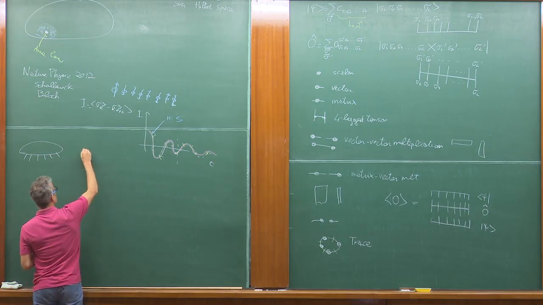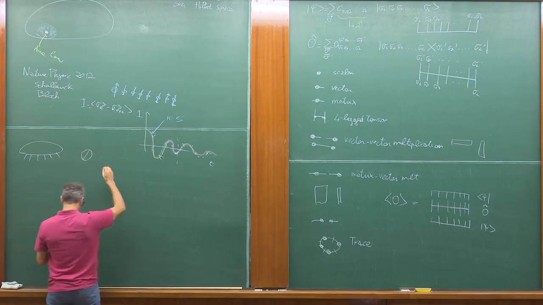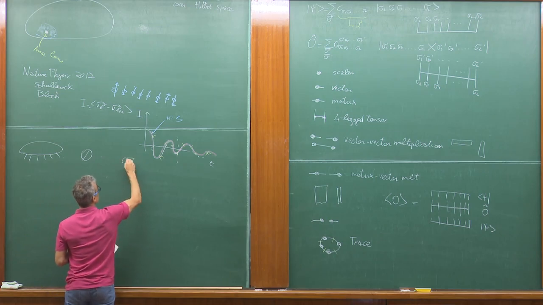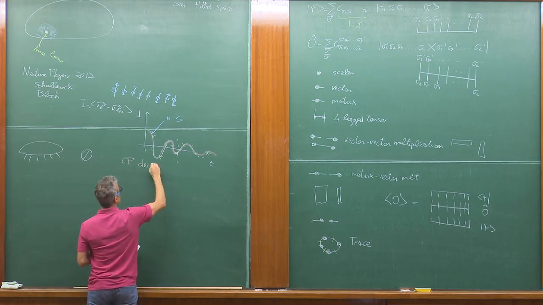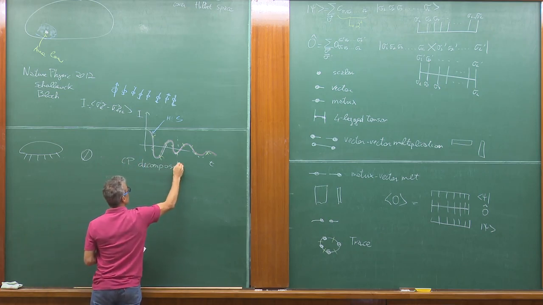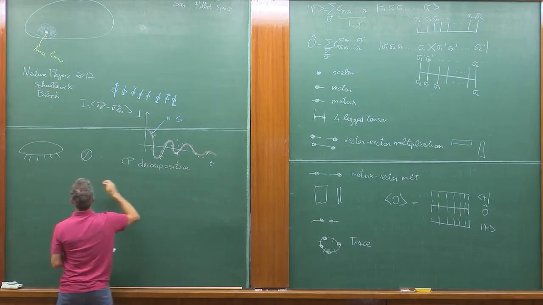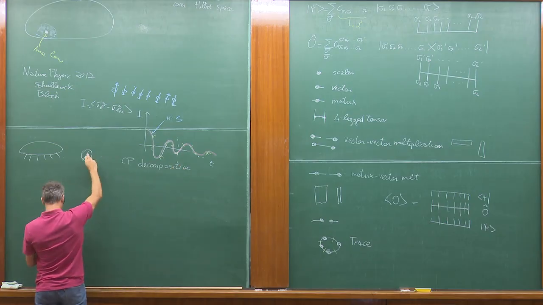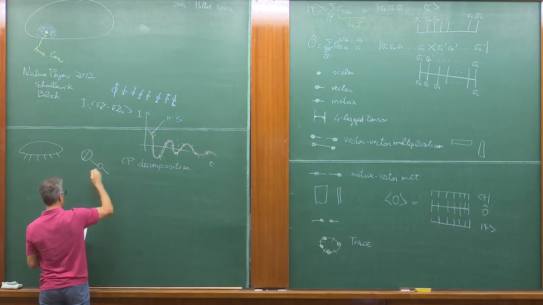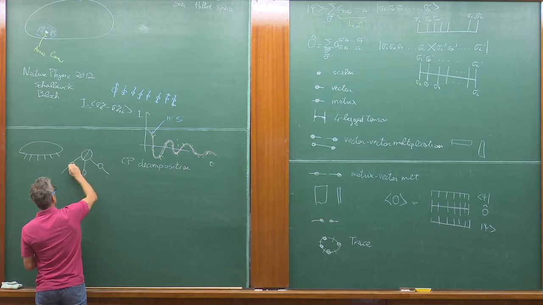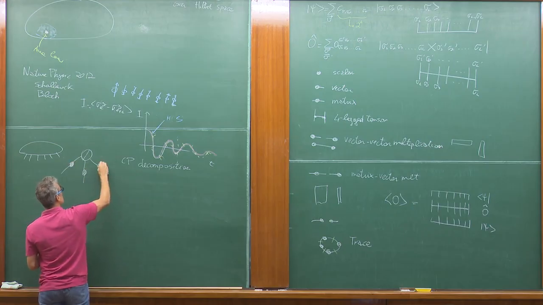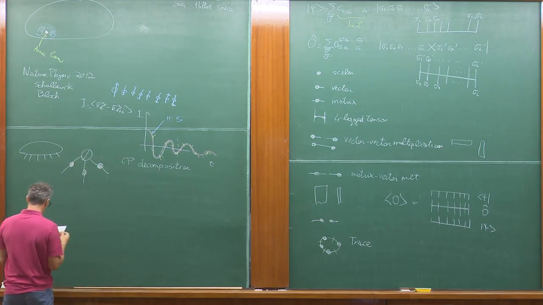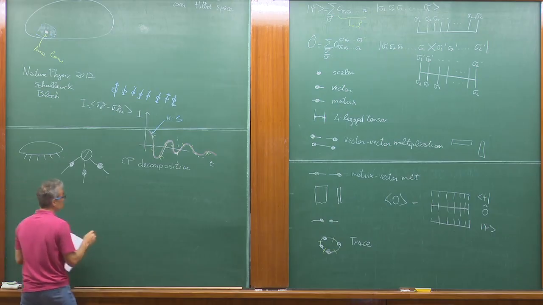Okay, so one of these is called CP decomposition, where you have some diagonal elements that couple some simple tensors of bond dimension 1. Okay, so this is one decomposition. Then there is something called Tucker decomposition.